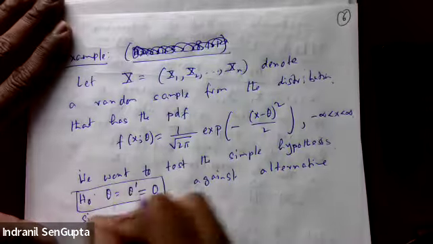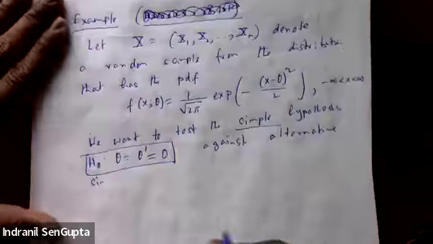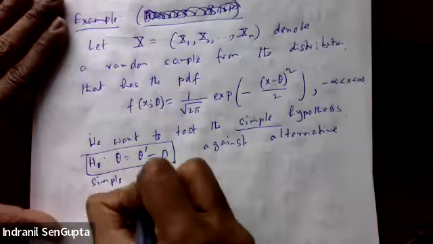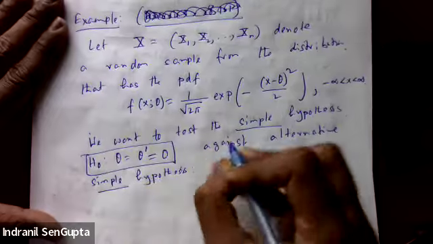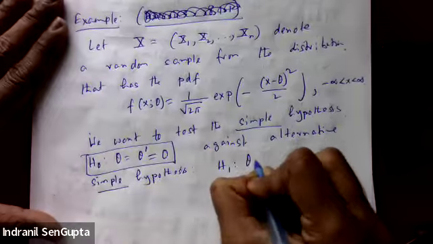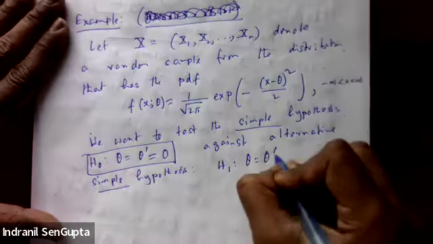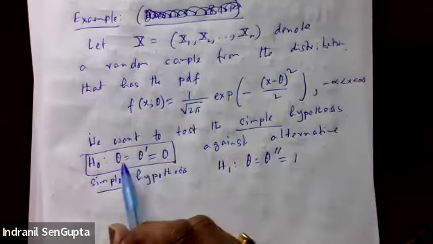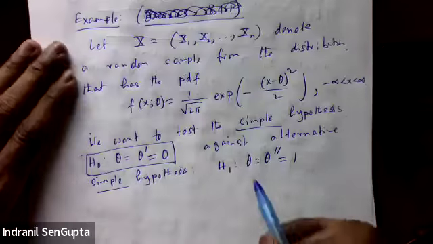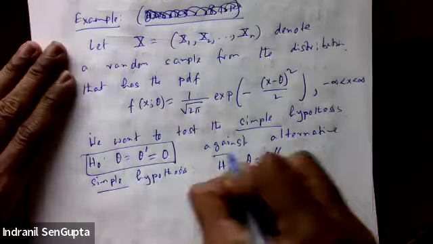So this is my null hypothesis, which is a simple one because it's an equality. Alternative simple hypothesis, say H1, which is theta equals theta double prime, which is 1. So theta prime is 0. So basically, we are trying to see if theta equals 0 or theta equals 1. Okay.